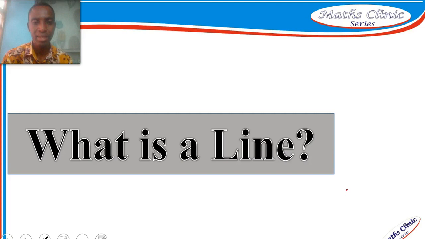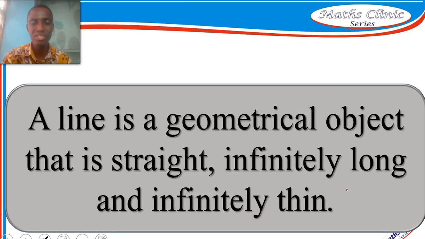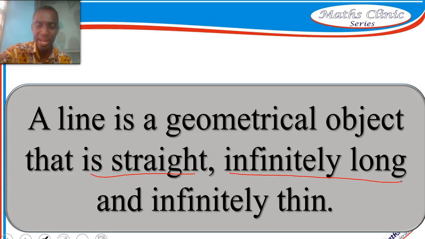Now I'm going to give you a definition that has to do with geometry. In geometry we define a line as a geometrical object that is straight, infinitely long, and infinitely thin. That is the definition I've been able to gather from sources, and it's what I'm giving you now.